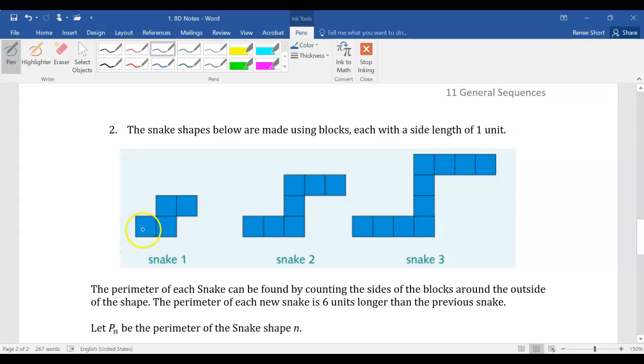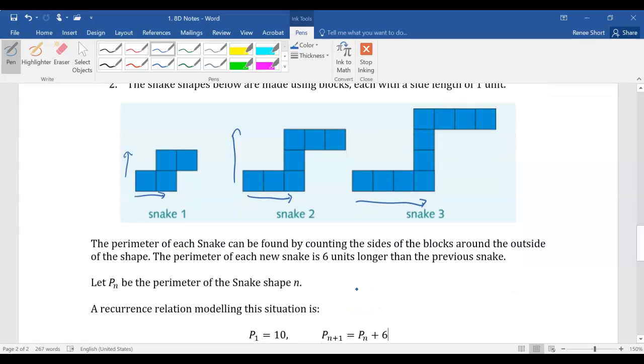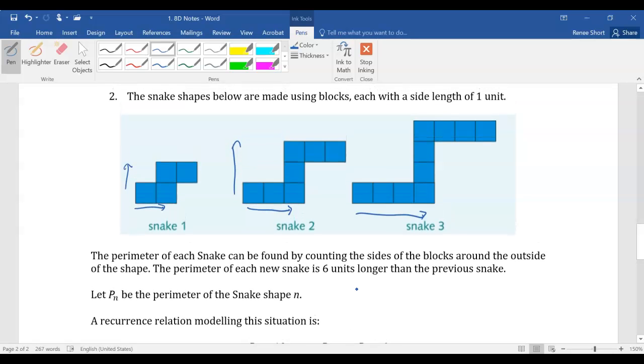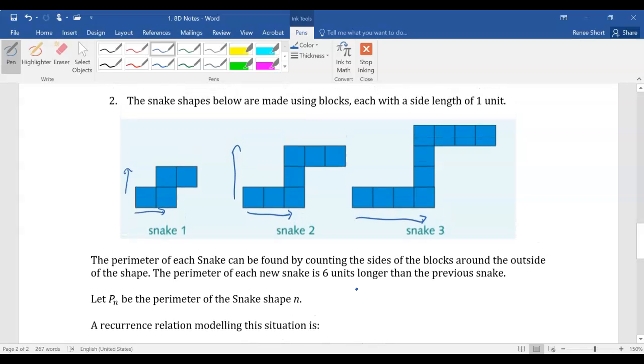We can see with the first shape, each row or column only has 2 blocks in a line, and then when we get the second snake, we've added blocks, so we've got 3s, and then again we've got 4s, etc. Each block has a side length of 1 unit, and the perimeter of each snake can be found by counting the sides of the blocks around the outside of the shape, and the perimeter of each new snake is 6 units longer than the previous snake. If we count this, we can see that for our first snake, we've got a perimeter of 1, 2, 3, 4, 5, 6, 7, 8, 9, 10 units.